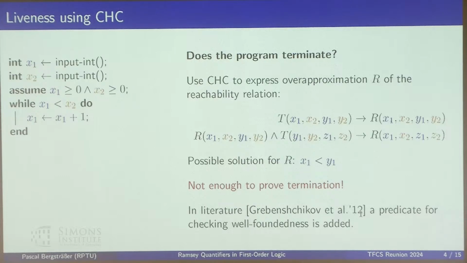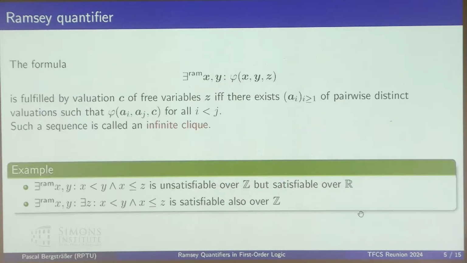This is an ad hoc solution, really specific to the termination problem. What I want to propose, instead of adding this ad hoc predicate, is extending the logic itself. What about extending the logic with a so-called Ramsey quantifier? I will show you some reasons why this may be worth studying, and why this may be the right extension for liveness problems.